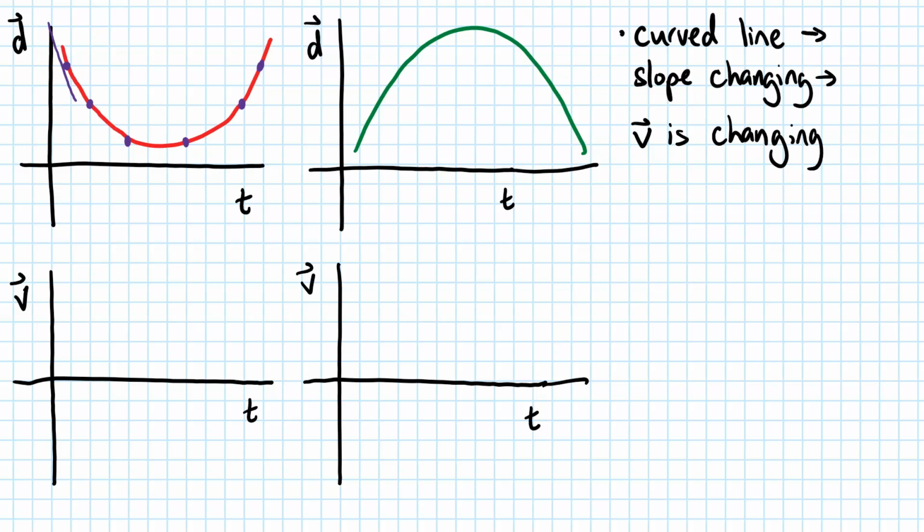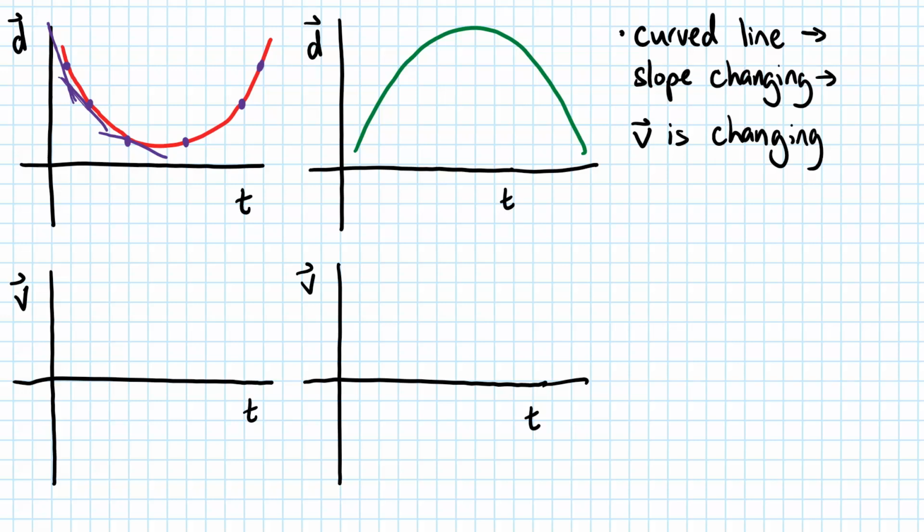So if I look at the slopes of those tangent lines, you can see that I go from left to right, from a steep slope to a gradually more flat slope. So my velocity should be fast, and then as the slopes go flatter, the object is going slower.